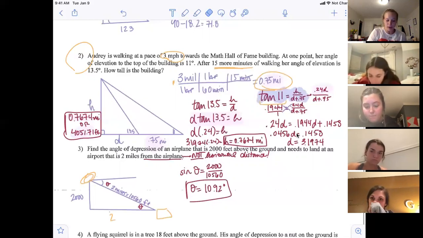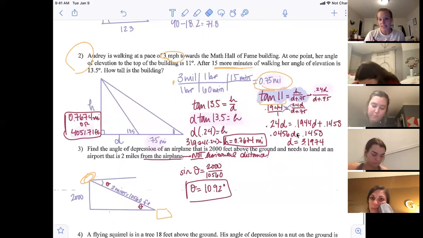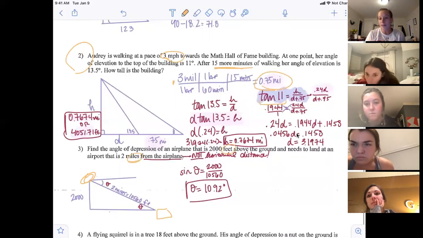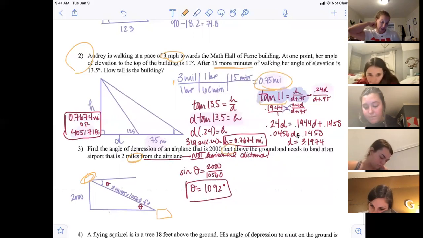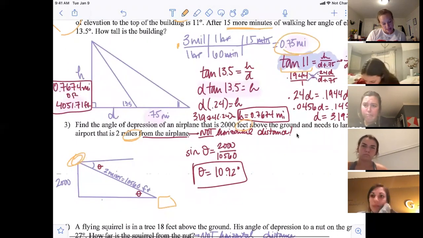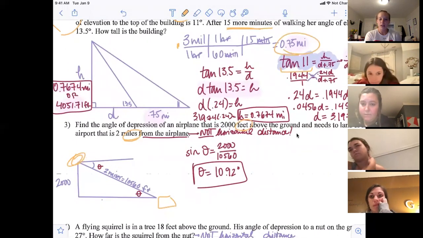So we got to do 2 miles as that like slant distance. Now the problem here is that you cannot do a ratio with feet and with miles. So you need them both to be in the same unit. So I chose to put 2 miles into feet. So I converted that. So 2 miles is the same thing as 10,560 feet. And then I was able to do my ratio.